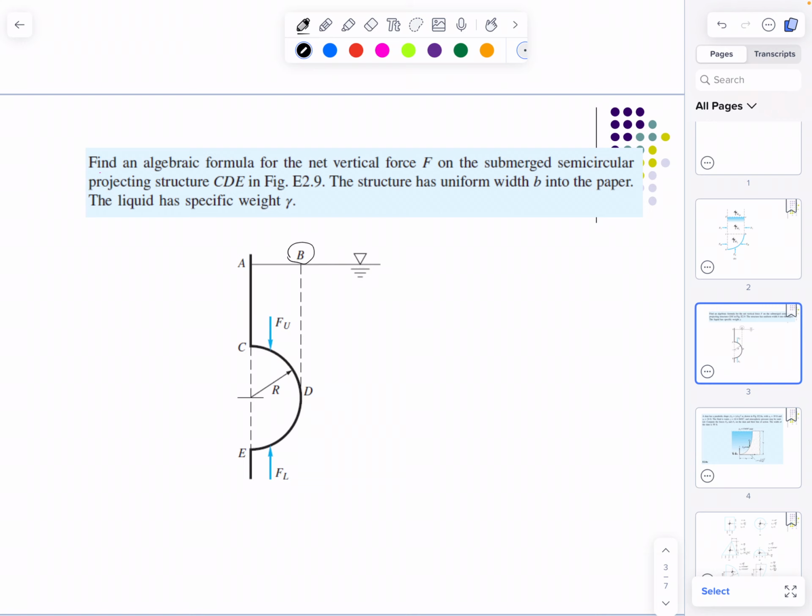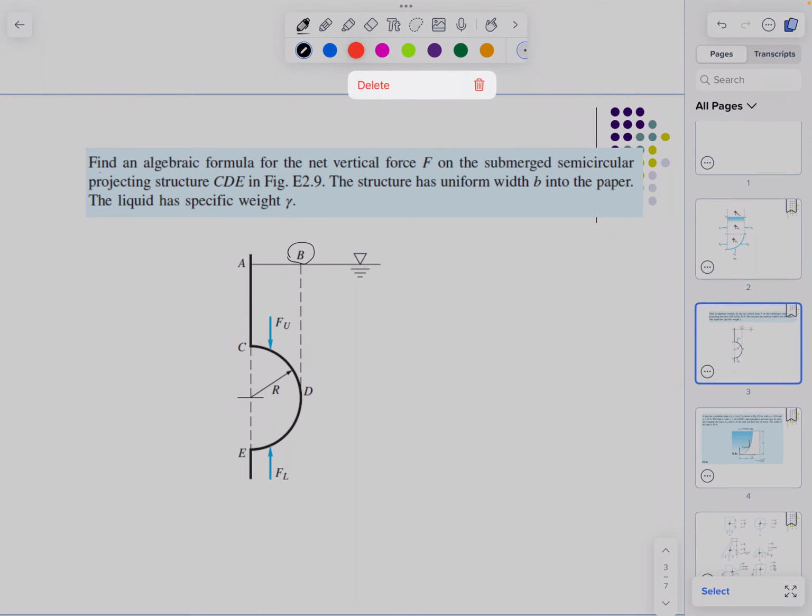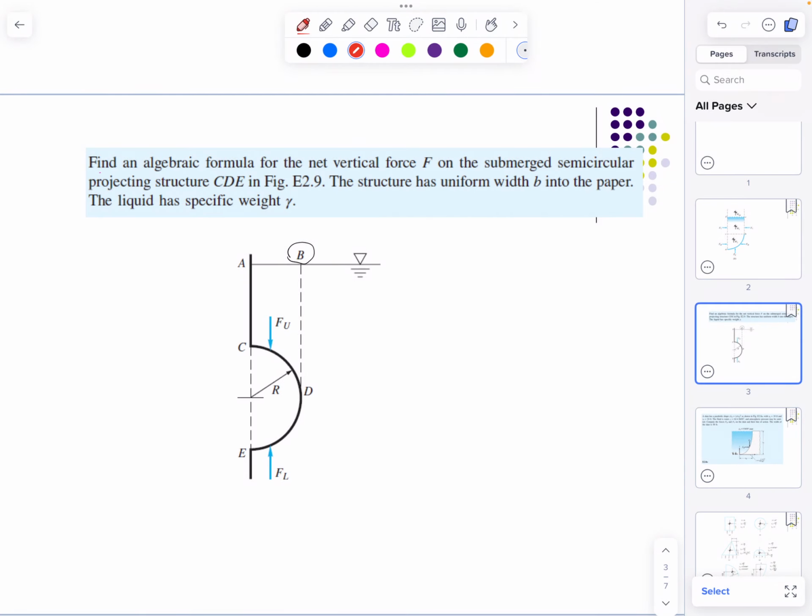That's kind of letting you know how to solve it. So let's first take a look at curved plane CD. It's asking for CDE, right? So let's take a look at CD first. So for CD, how do you construct the structure?